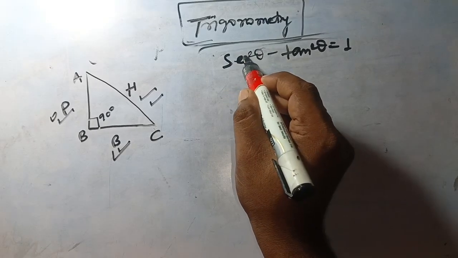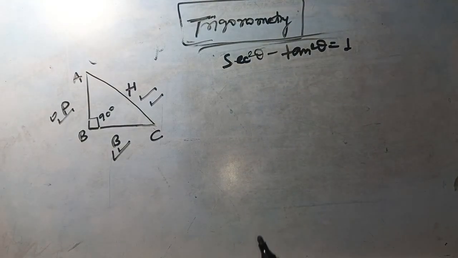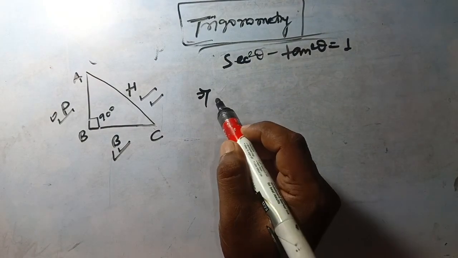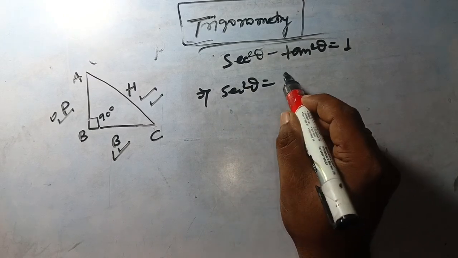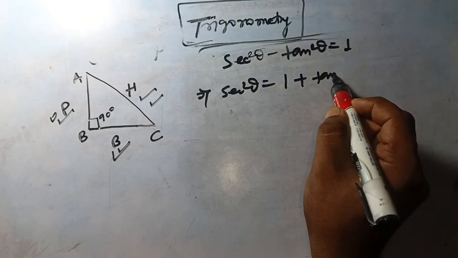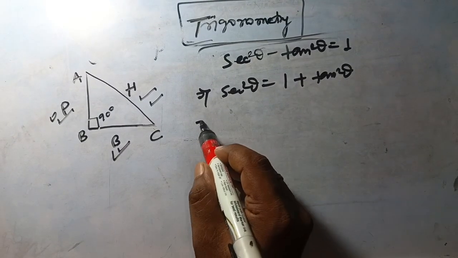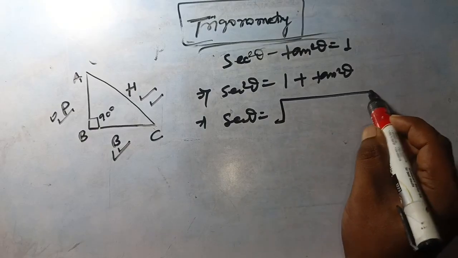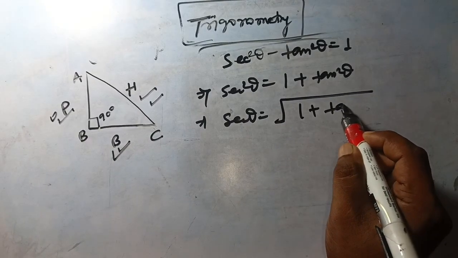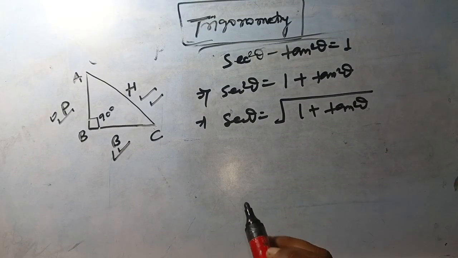I won't prove it. I want you to prove this formula. So from here we can calculate sec square theta is equal to 1 plus tan square theta, and sec theta is equal to root under 1 plus tan square theta.